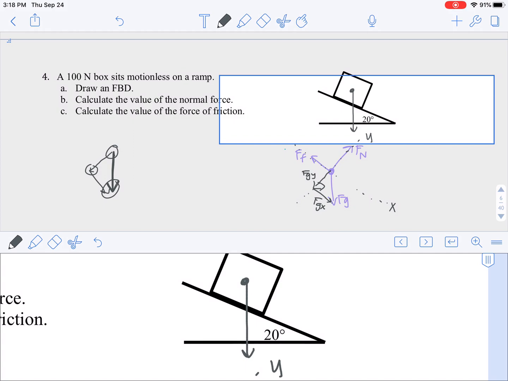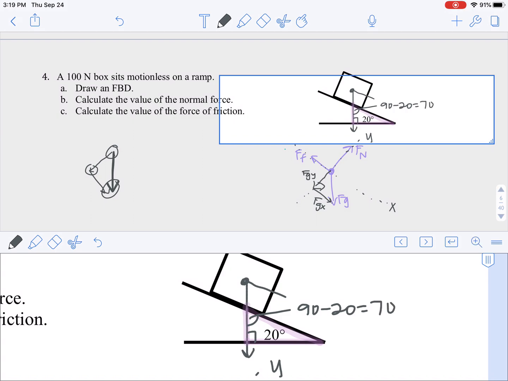So when I draw in my FG vector on this diagram, I see a triangle right here. And I know that basically my angle between the new horizontal, so my new x direction, and my FG, my force vector, is going to be 90 minus 20, aka 70.